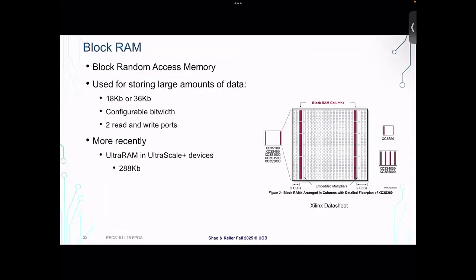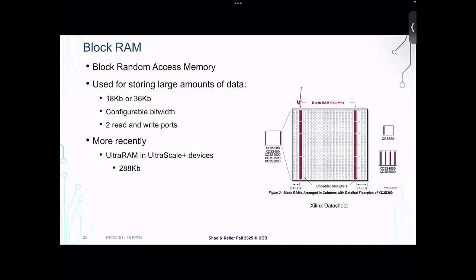In an FPGA, you don't use SRAMs in the same way that you would in an ASIC implementation. Instead, you use block RAMs, which are basically just SRAMs that have been hardened into the FPGA in a certain configuration. Typically in the layout, they're striped vertically like this, and so you can route to or from those into the logic fabric.